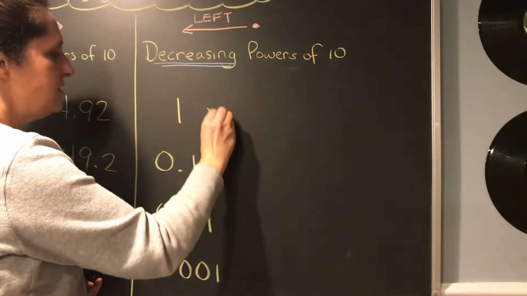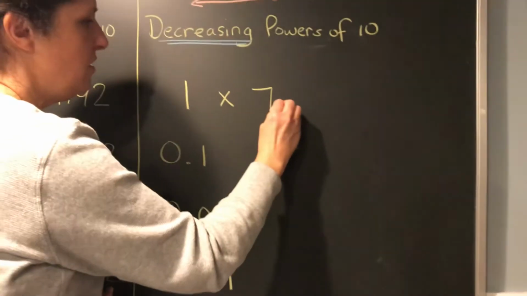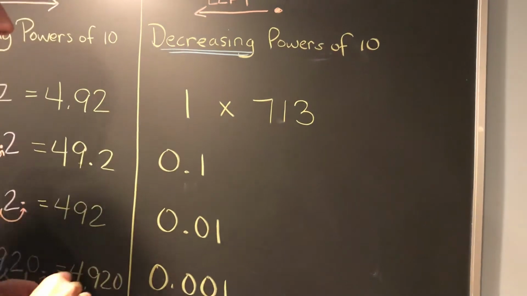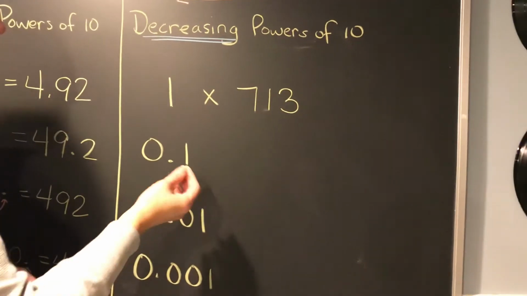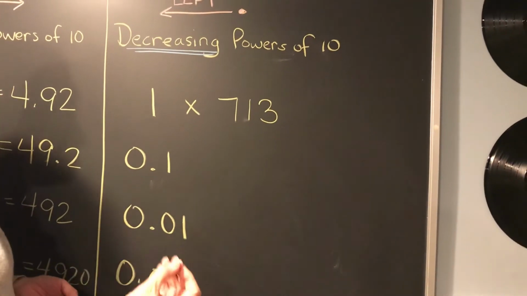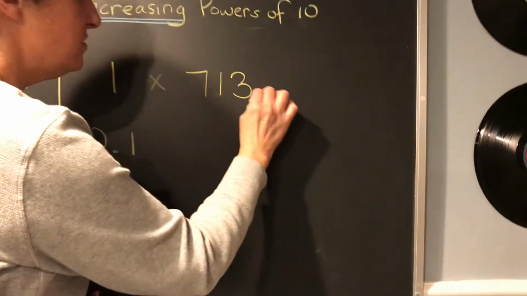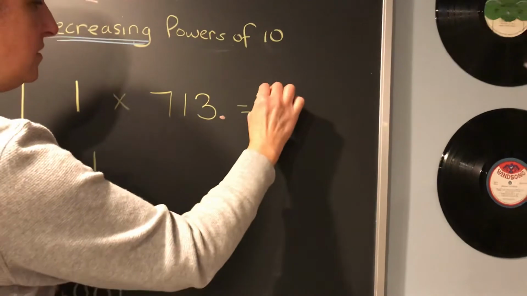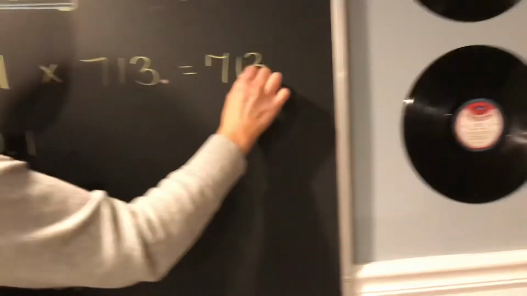Let's multiply this times 713 this time. So 1 times 713, you might say there's no decimal point. There really is. There's a decimal point at the end of every whole number, even though it's hidden. So your answer would just be 713.